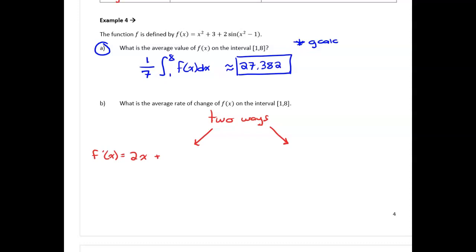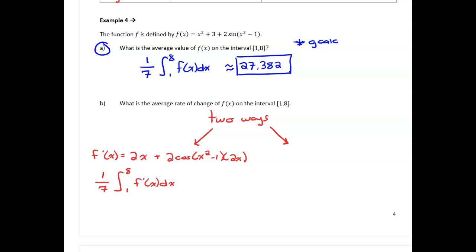Derivative of 2 sine of x squared minus 1 is going to be 2 cosine x squared minus 1 times 2x. Don't forget the derivative of the interior there. And if I'm asked to find the average rate of change, let's find the average of this. So this will be 1/7 integral from 1 to 8 of f prime of x dx.